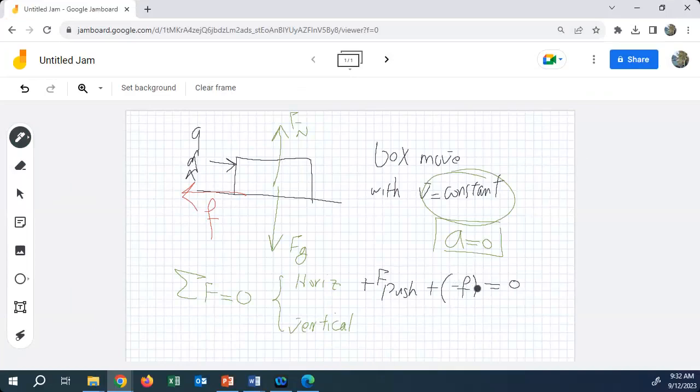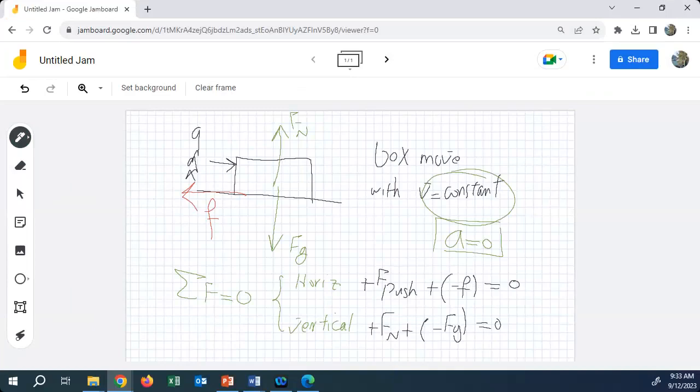Make sense? And what are the vertical forces? Fn, positive or negative? Plus, what is the force of gravity direction? Down. Equals 0. Good.